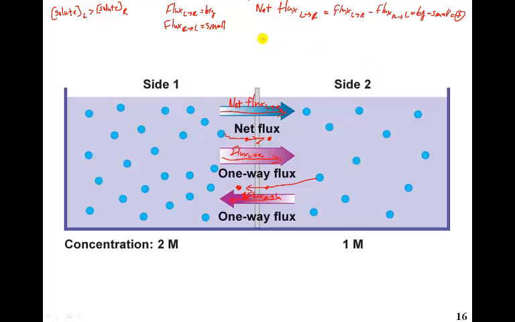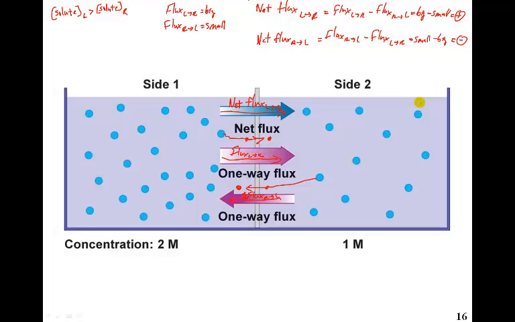We could also define this in the opposite way. Net flux right to left equals flux right to left minus flux left to right, equals small minus big. And now it would be a negative number, right? If you were to ask what's the net flux from right to left, you'd say it's a negative value because there's actually more things going from left to right than right to left.